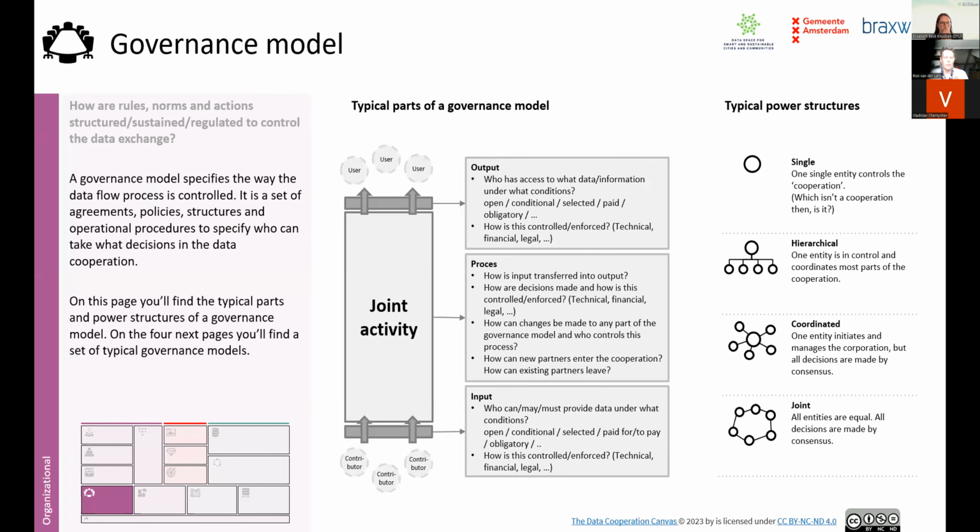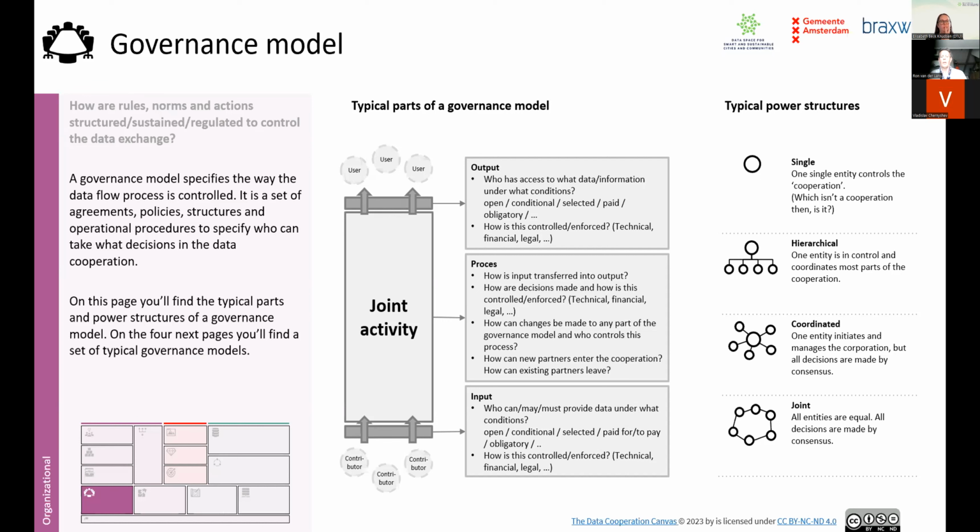The governance model might be something that's interesting for you too. And the governance, in fact, says, how do we get from the data that we put in to the output? What are the activities that are done? How is the decision making, and how is this enforced?